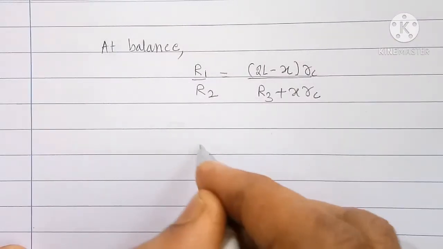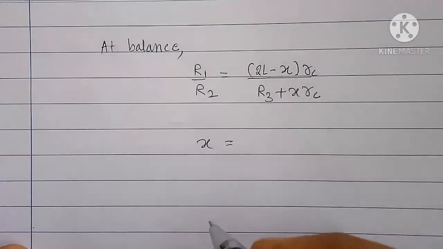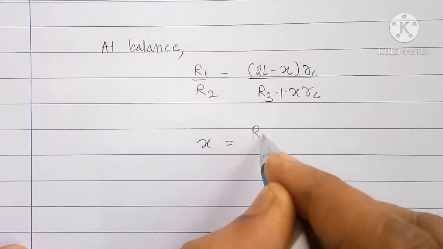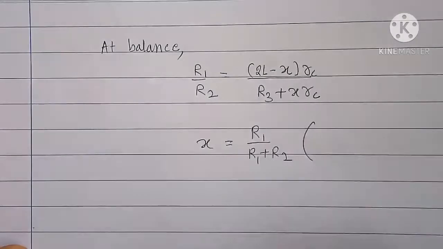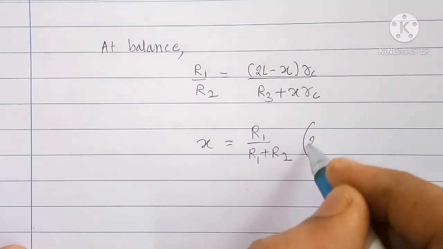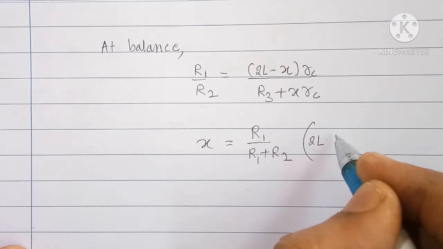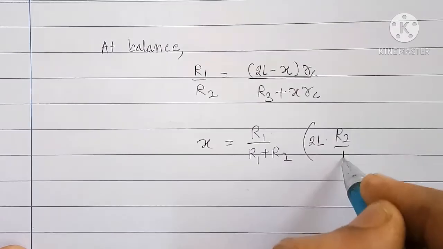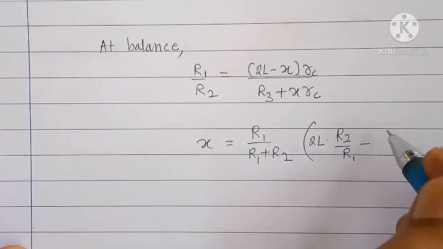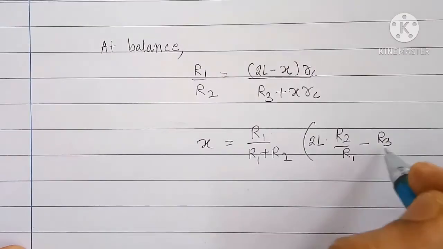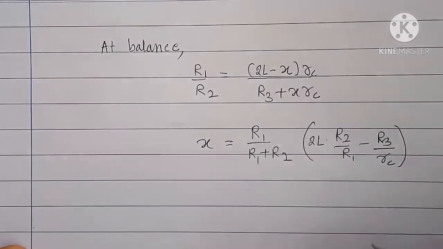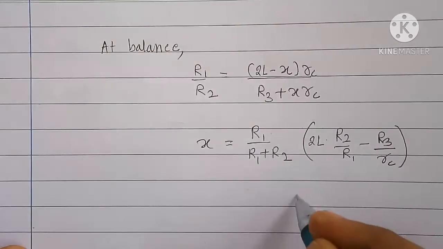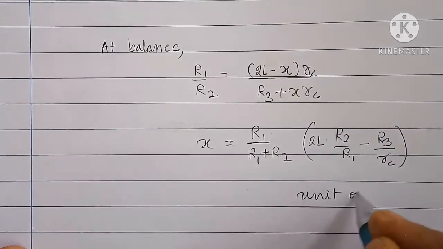Simplifying for x, we get x equal to R1 divided by R1 plus R2 into 2L into R2 by R1 minus R3 by RC unit of length.